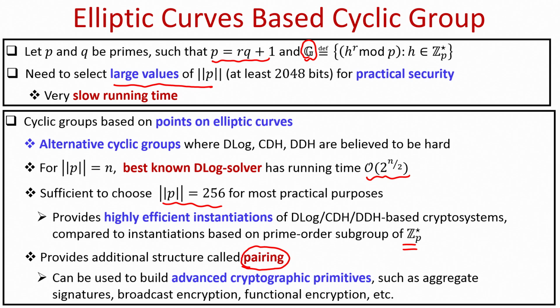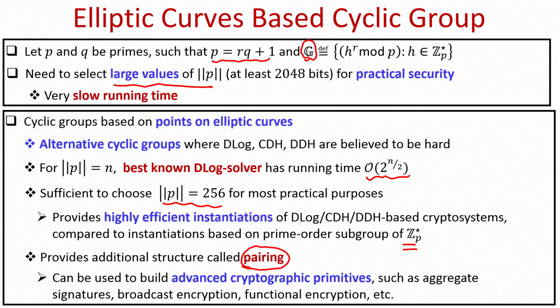That gives us highly efficient instantiations of D-log, CDH and DDH based cryptosystems compared to instantiations based on prime order subgroups of Zp star. So, that is a plus point of these groups.